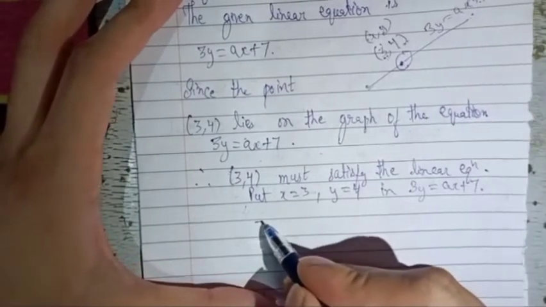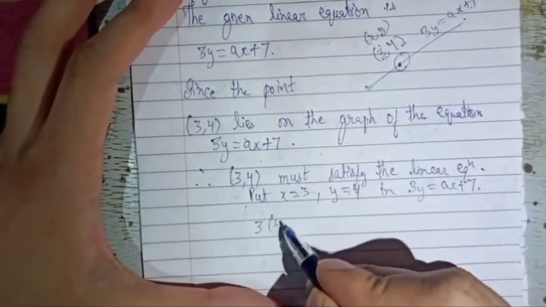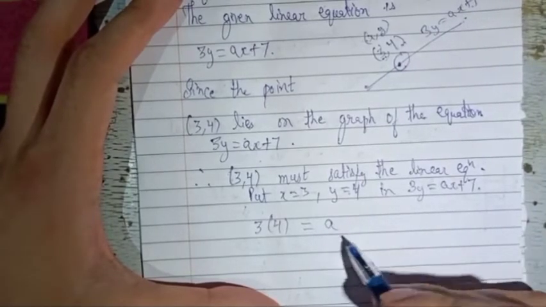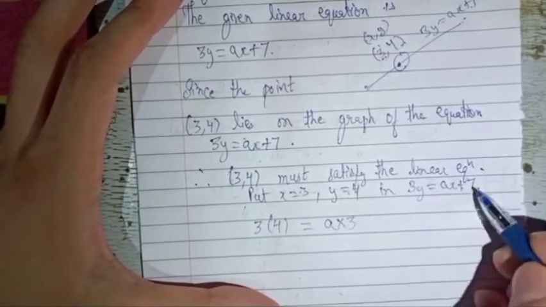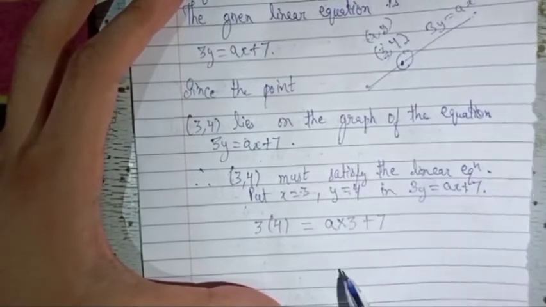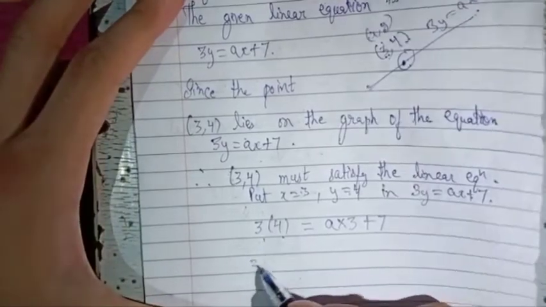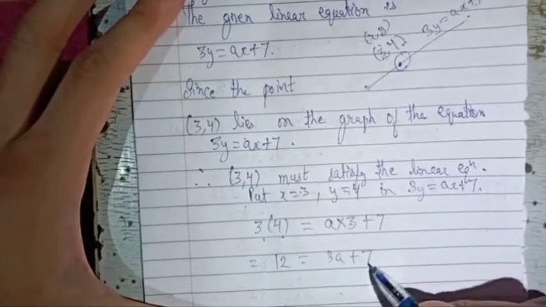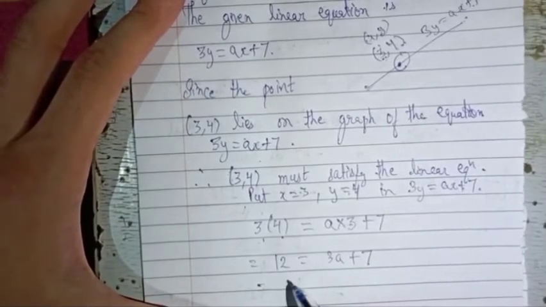So it will become 3 multiplied by y, and y is 4, so 3 multiplied by 4 is equal to ax. a is the constant that we need to find and x is 3, so a multiplied by 3, plus 7. Now 3 multiplied by 4 becomes 12, equal to 3a plus 7. Now 7 will shift to the left hand side and become negative.